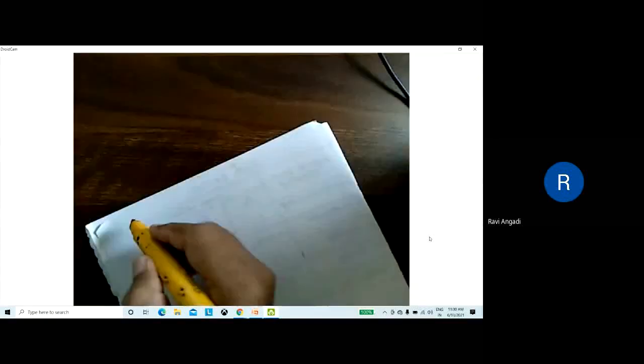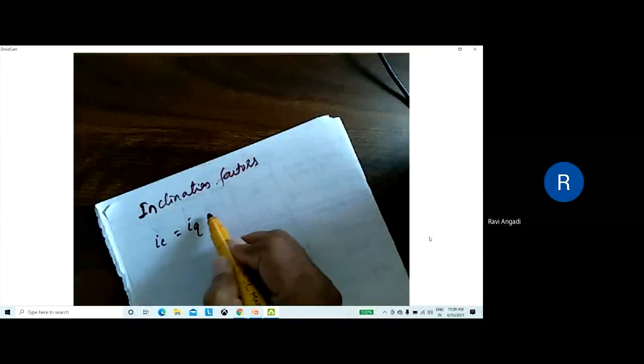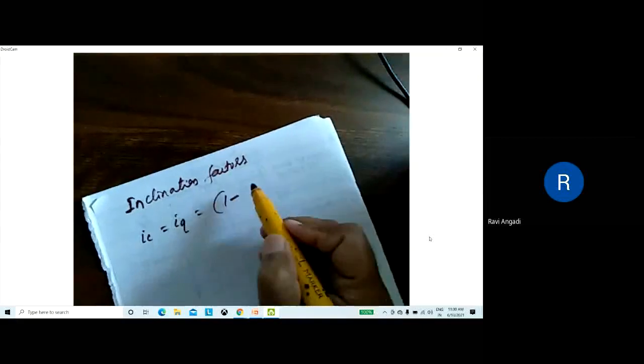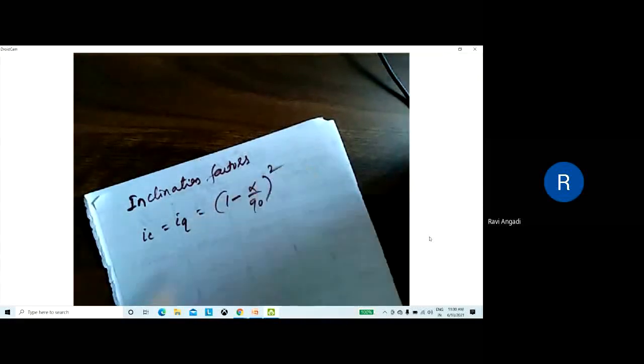Next, take inclination factors. IQ is 1 minus alpha by 90 whole square.